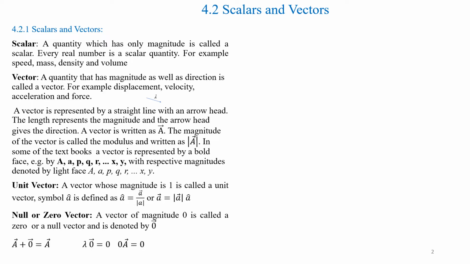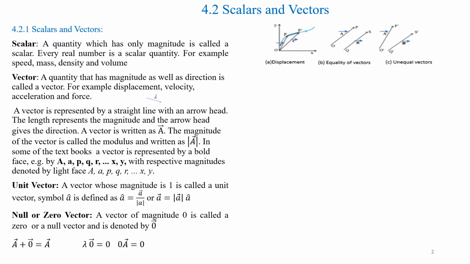Suppose a particle moves from position P to P dash and after some time again it comes back to P. Then the total displacement is 0. To indicate that, we use a null vector.